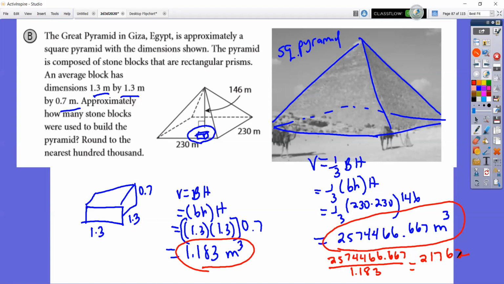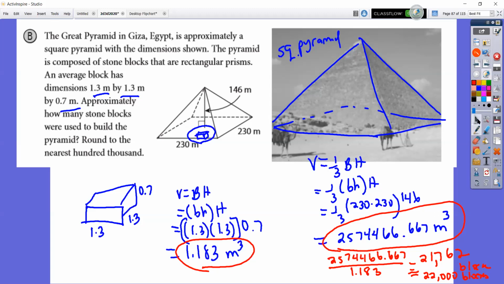They want us to round to the nearest thousands, not decimal place, but actual thousand. Okay, so the nearest thousand, this would be 22,000. So approximately 22,000 blocks are needed to make this pyramid.